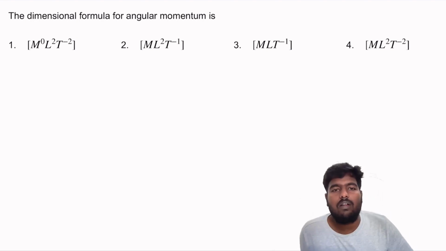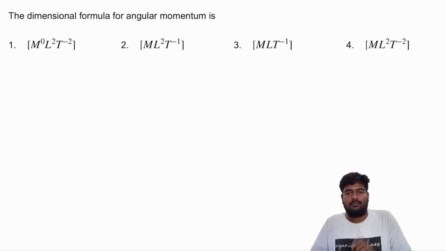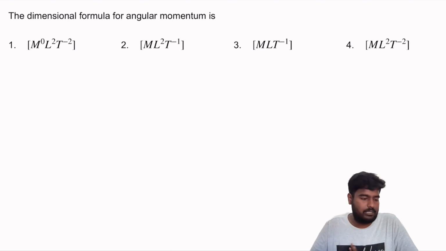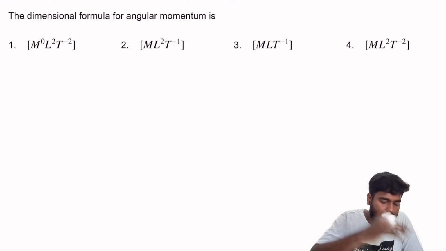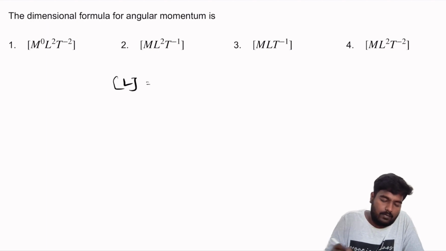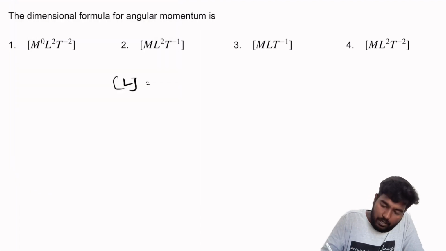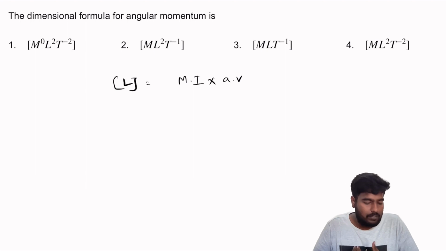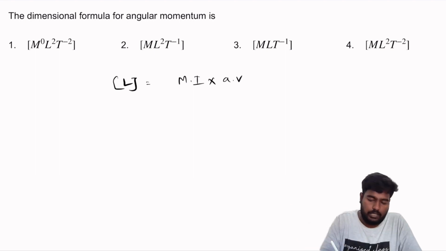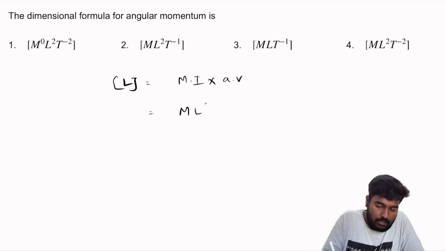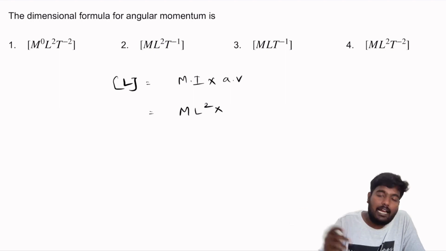The dimensional formula for angular momentum. If you remember from the textbook, you can directly answer, but if you don't, you have to remember the formula. Let's denote angular momentum by the letter L. Angular momentum is moment of inertia multiplied by angular velocity. Moment of inertia is mass into distance square, so that's m L square, multiplied by angular velocity.